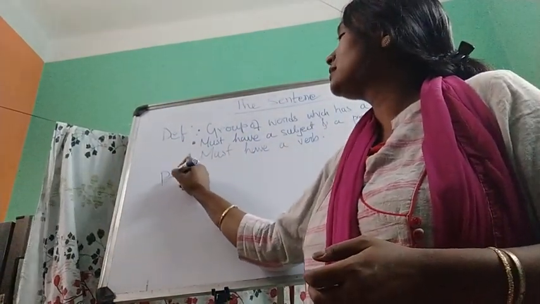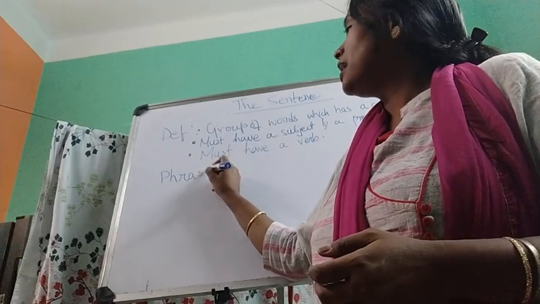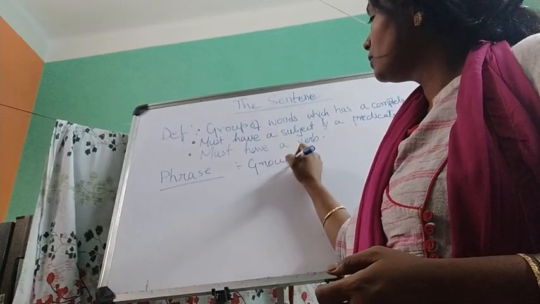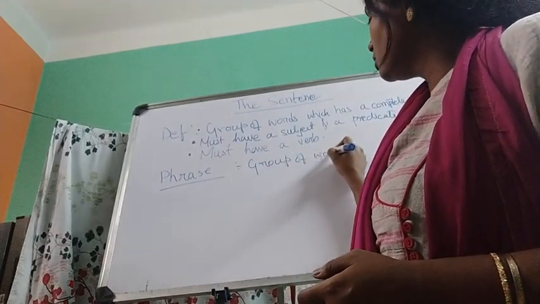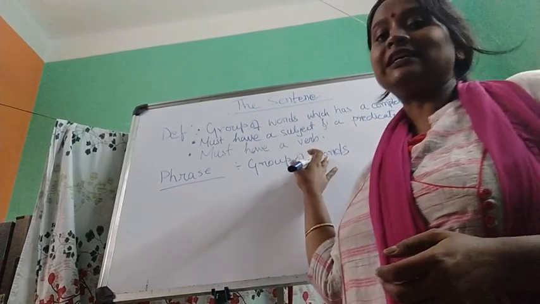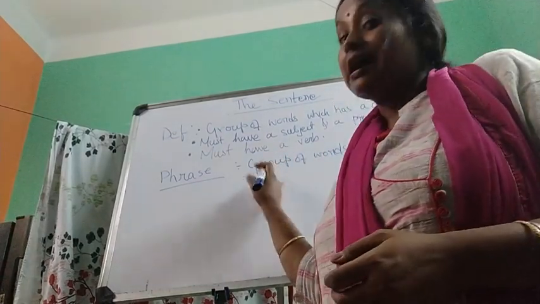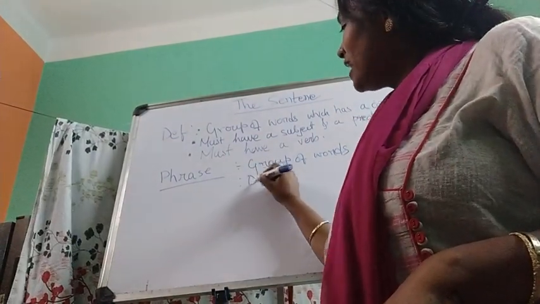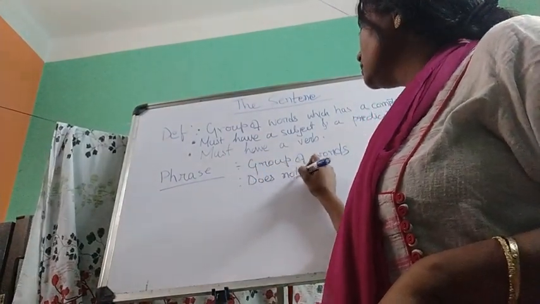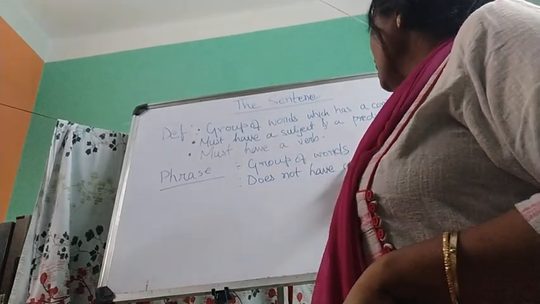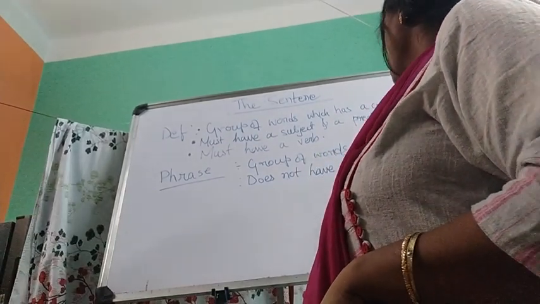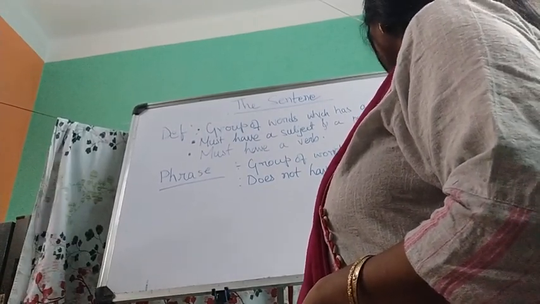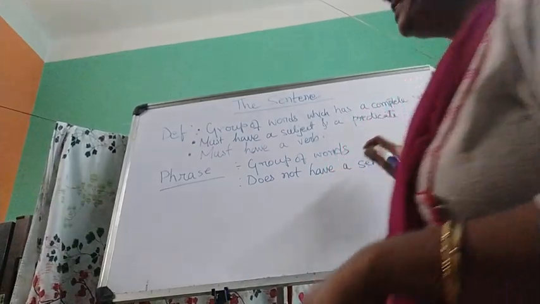Now, a phrase is also a group of words. Just like a sentence, it is also a group of words. But unlike a sentence, it does not have a sense of completeness. So it is incomplete.